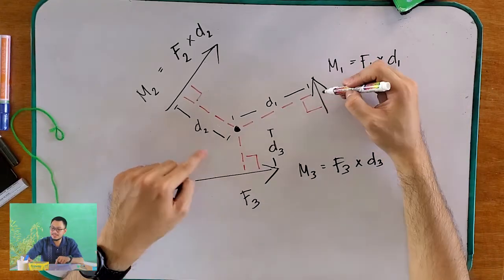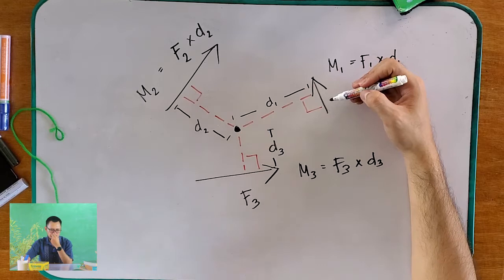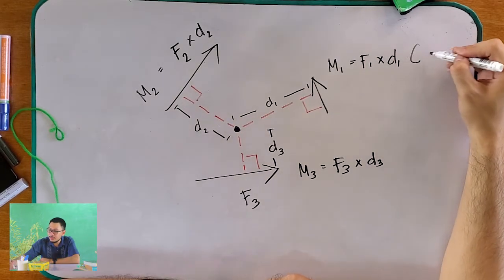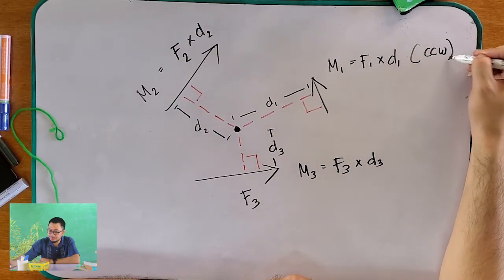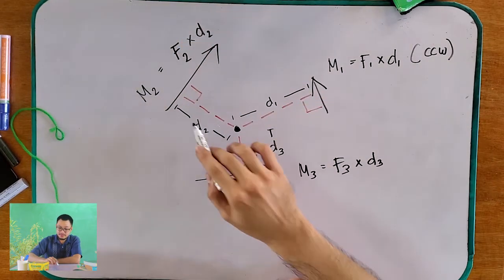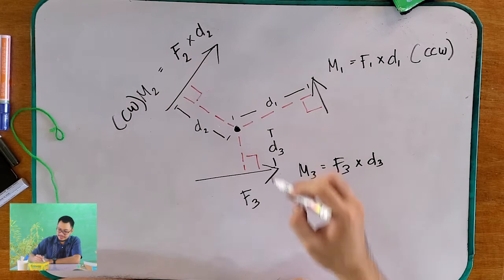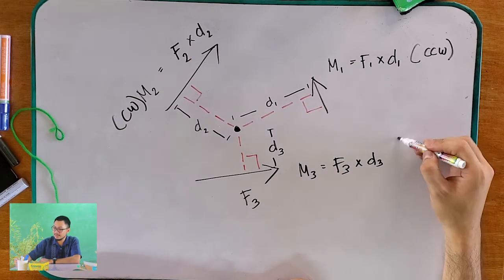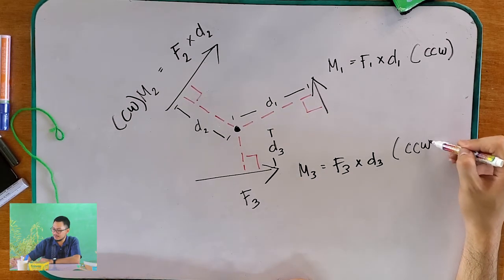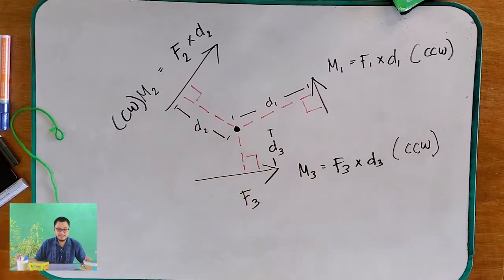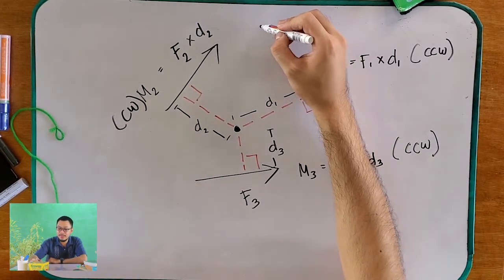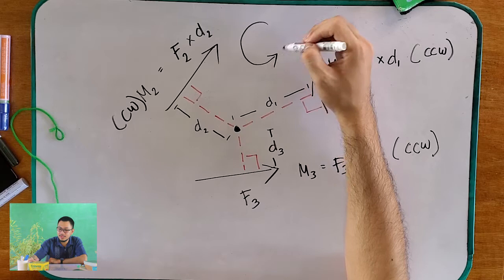And take note, we have to consider the directions. What is the direction of this one? This is counterclockwise, CCW. This is clockwise, CW. And this one is still counterclockwise. Let's say that the positive moment is directed counterclockwise.